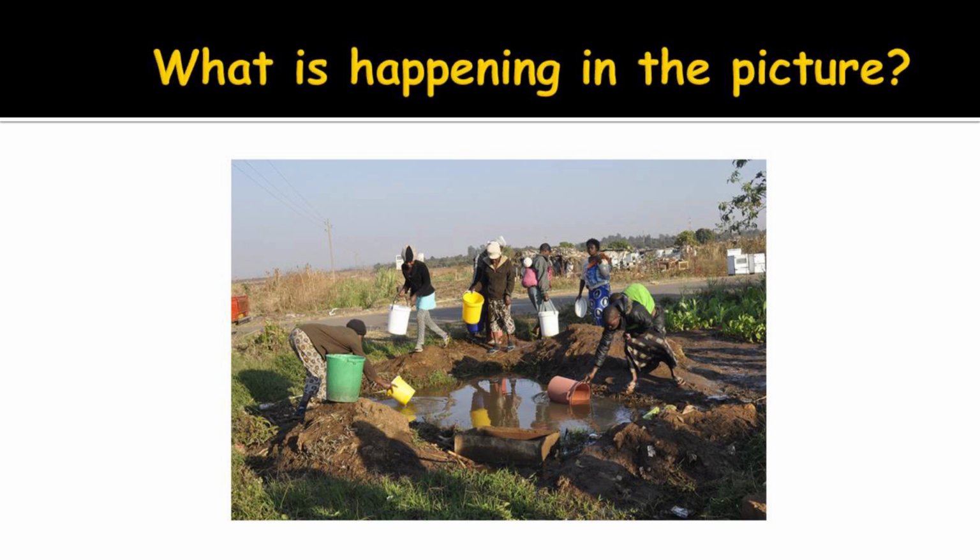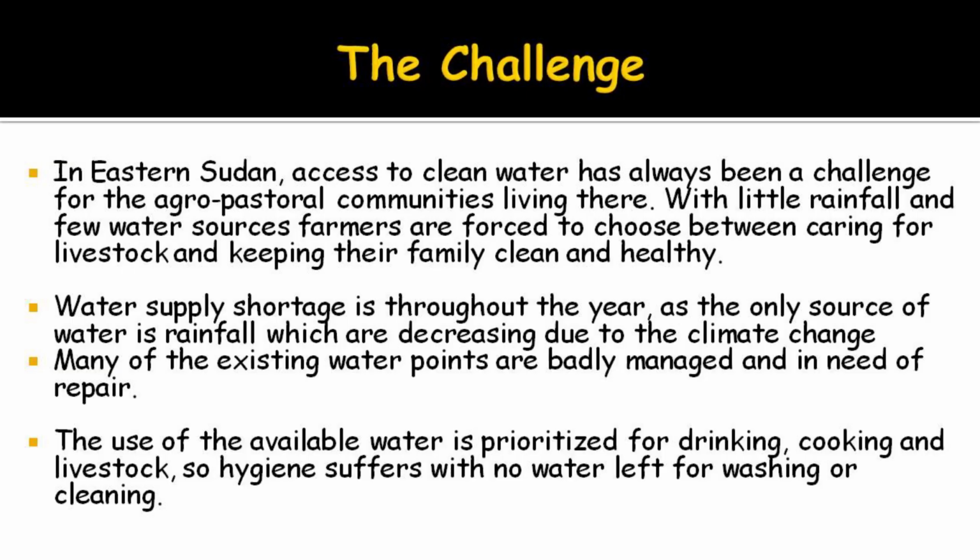And so families, households would have to come to this particular area to get water. So this is a challenge. And this challenge is present in certain areas of the world. So here we are looking at real-world applications of this particular problem. All right, so let's look at the challenge that we have.